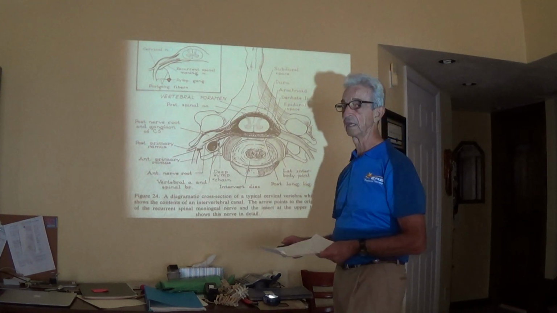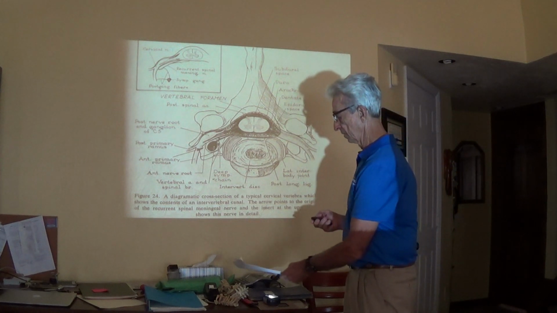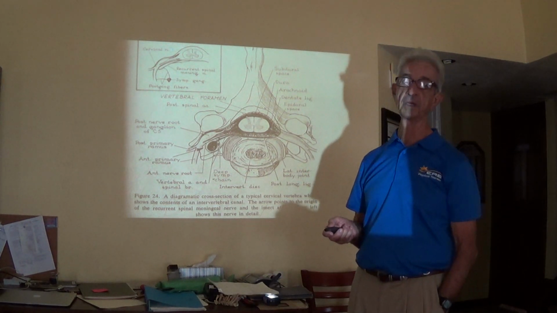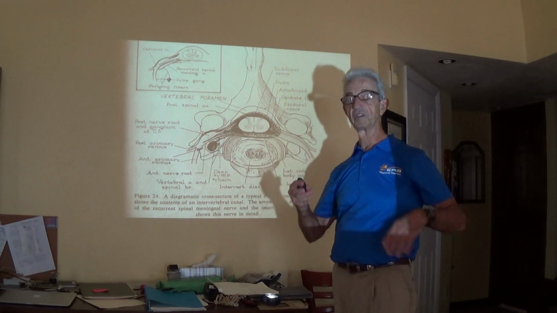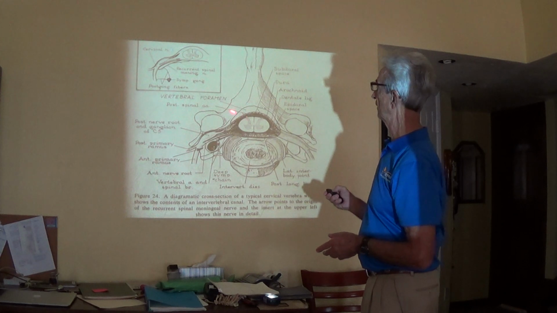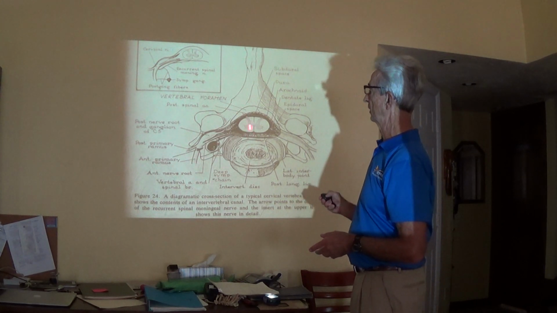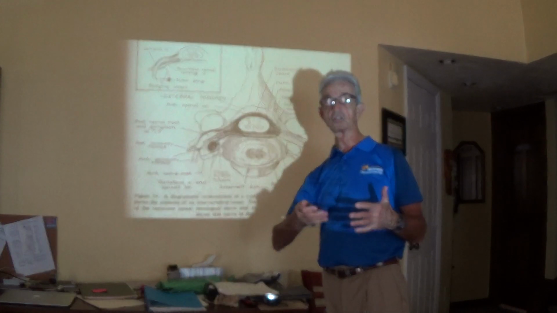Now, this slide shows a lot of structural things that you have to be acutely aware of when you're visualizing the problems of the patient, because this is the intervertebral foramen here, and the structures that are in there. It's just like the suprahumeral joint.